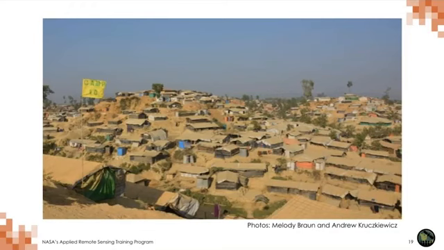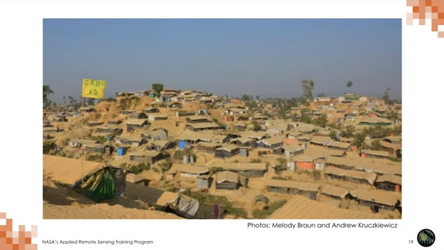So we decided to start off with this picture here. The next set of photos were taken by myself and a colleague, Melody Brown, who were part of the team that was tasked to think about what types of data can be integrated into disaster risk reduction as they were building the refugee camps in Cox's Bazar, and what types of hazards should be prioritized.